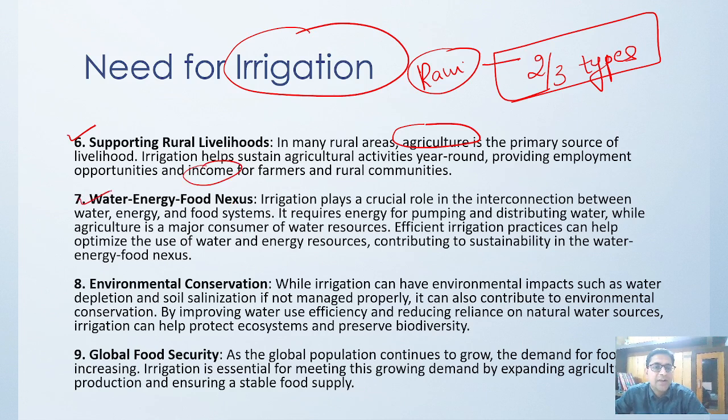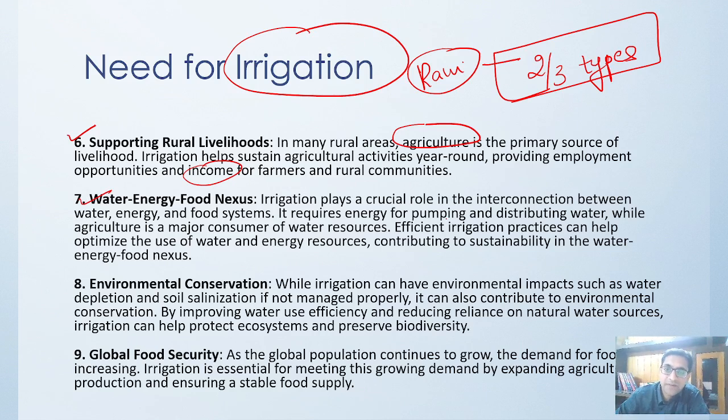Water, energy, and food nexus. Irrigation plays a very interconnected role between water, energy need, and the food system. They are all interlinked together, right? Because we need electricity for pumping and distributing water, and agriculture is the major user of water.